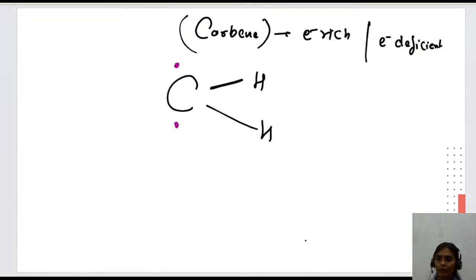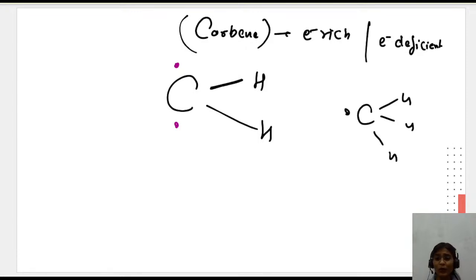So, now, next question, please. Is a carbon radical electron rich or deficient? Because of the extra electron, maybe it is going to donate. So is it rich or deficient?